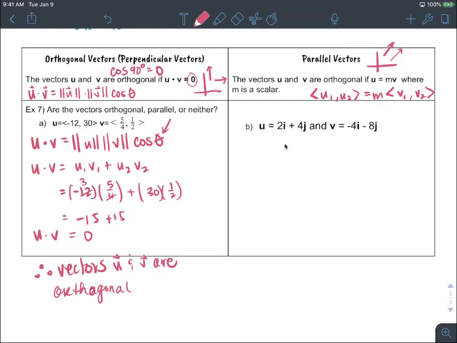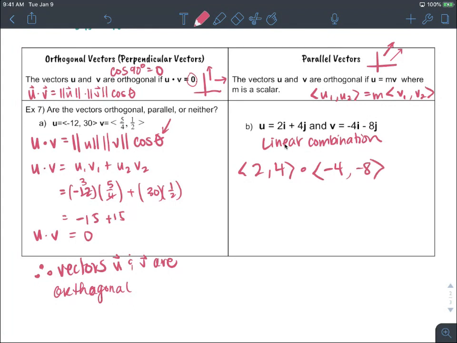Okay, so I'm going to try B. Parallel or orthogonal? When I look at u, these vectors are written as a linear combination. Let's write these in component form. So u is equal to (2, 4), and we're going to dot that with (-4, -8).